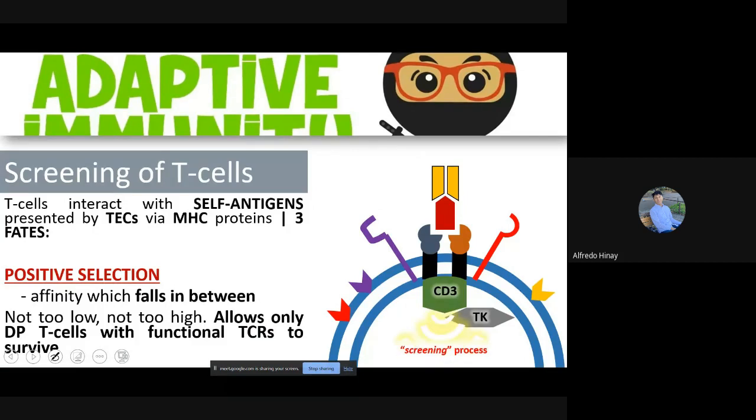Okay? So if, on contact, the avidity is just right and not too strong, then the thymus will allow this cell to proceed to the next level.